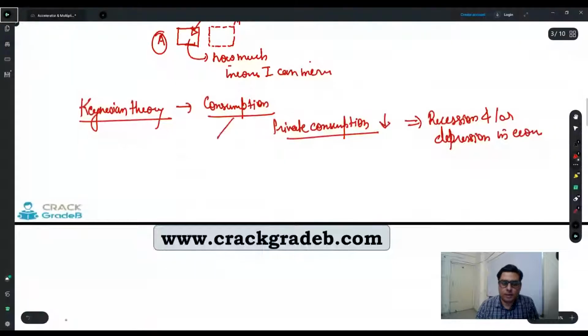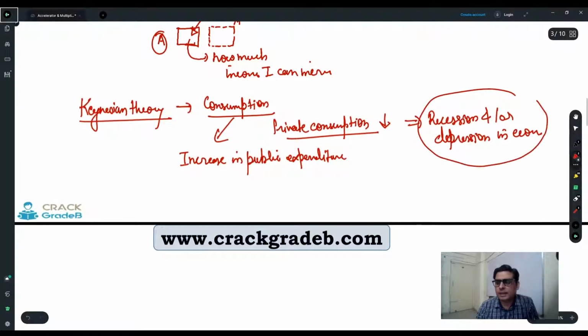Then the government should go for an increase in public expenditure in order to break this cycle of recession and depression. This is the basic fundamental concept of Keynes. So Keynesian theory was given to come out of the problem.